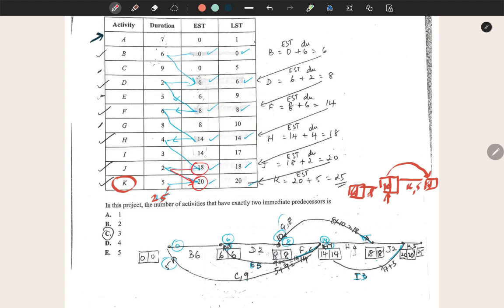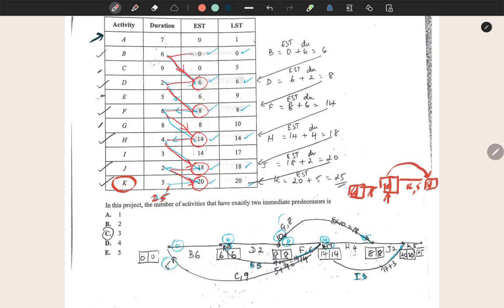And then we go backwards this way, two numbers that add to give you 18, which is 14 plus 4, and 2 activities when added give you 14. Earliest start time of 8 plus activity duration of 6 gives you 14, and then 2 activities that give you 8, earliest start time plus duration, and 2 activities that add to give you 6.